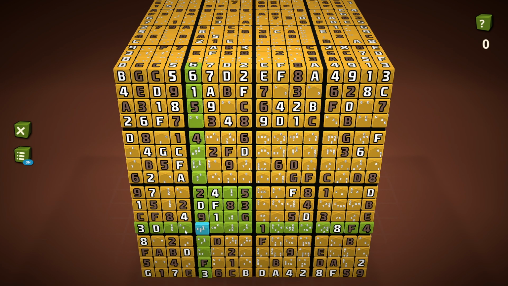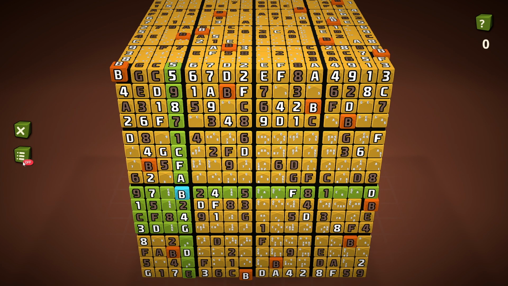It has to be one of these two. So that can't be a B. It also can't be a 1 or 2. I mean, the only other things remaining are the 3 and the 6. Which can't be because those apparently have to be. So this has to be a G. And then this is the B.